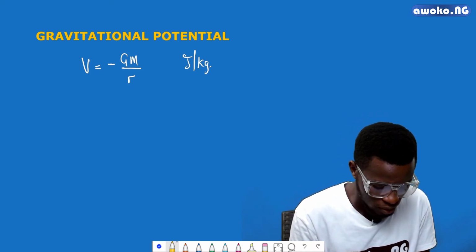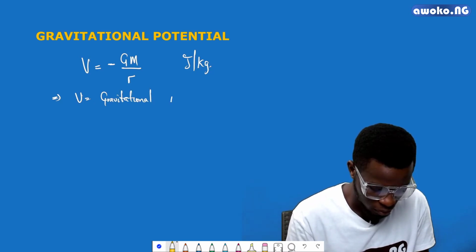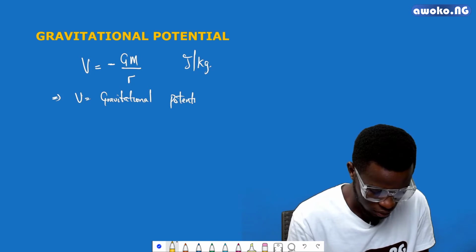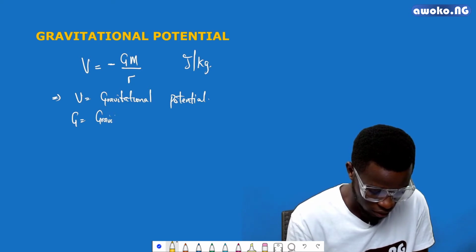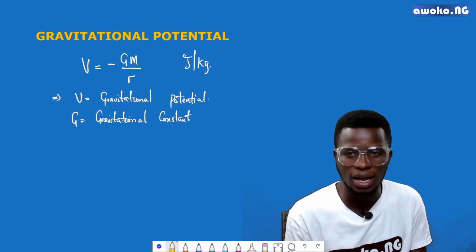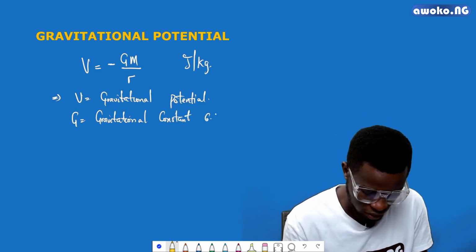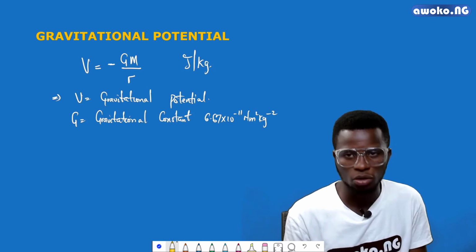And we have that V is the gravitational potential, and G is the gravitational constant, which has a numerical value of 6.67 times 10 raised to the power minus 11 newton meter squared kilogram raised to the power minus 2.